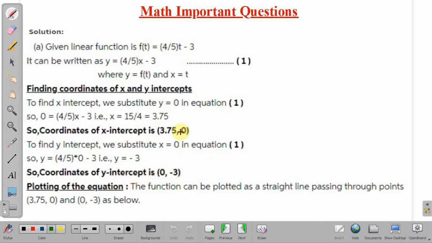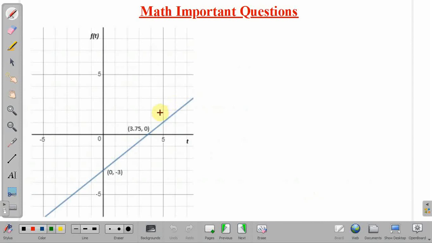Plotting these two points, the x-intercept and y-intercept, we can plot the given straight line. It will be a line passing through (3.75, 0) and (0, minus 3), as shown. See, here it is the x intercept coordinate and this is the y intercept coordinate.